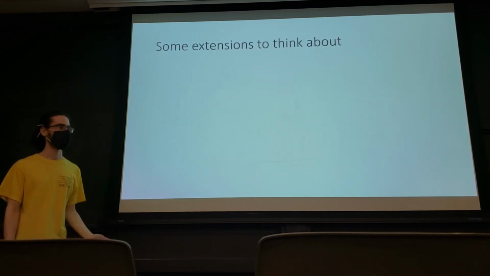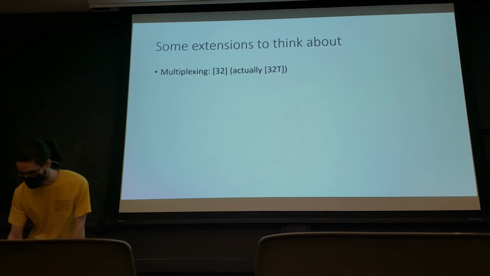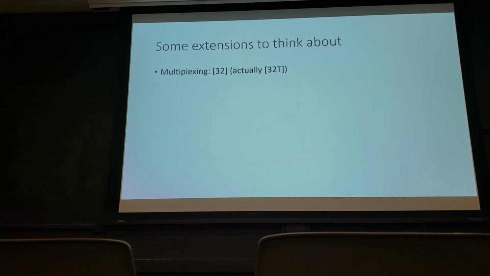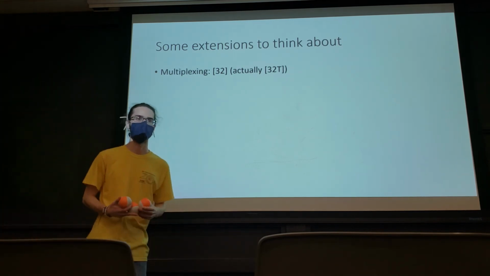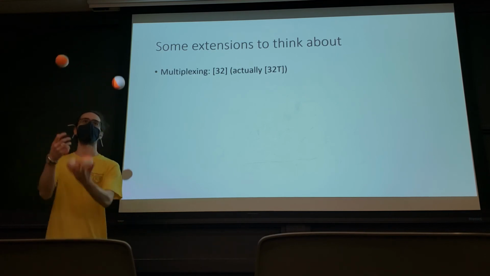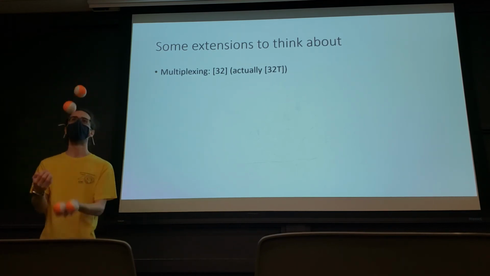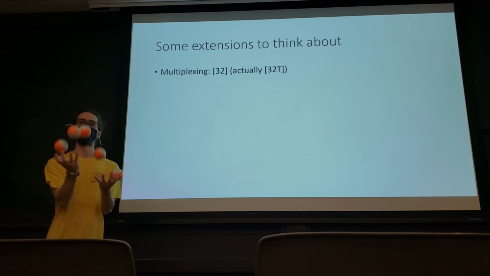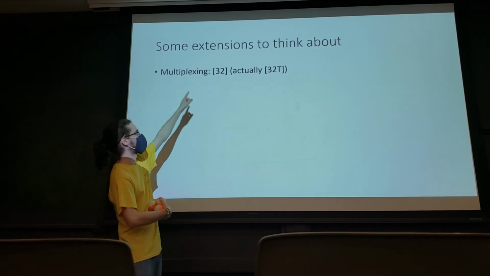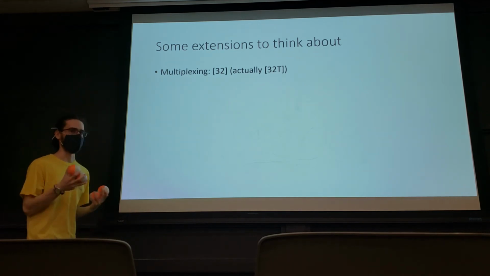There's other extensions. There's such a thing called multiplexing, which is throwing or catching multiple balls in the same hand. So this is like the basic multiplexing pattern. And so you see I'm throwing 2 balls at once. We use these brackets to denote the height where each ball is thrown.